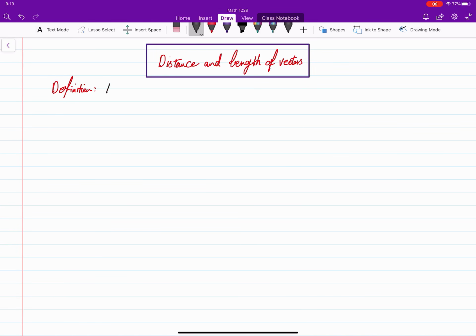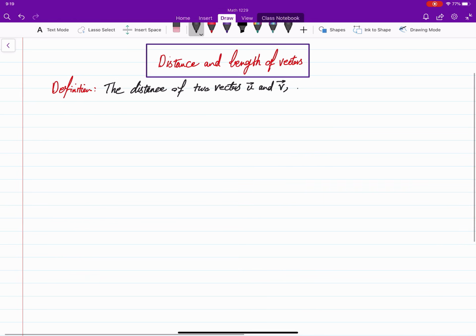So the distance of two vectors u and v. So how do we denote this? This is going to be a number, positive number.